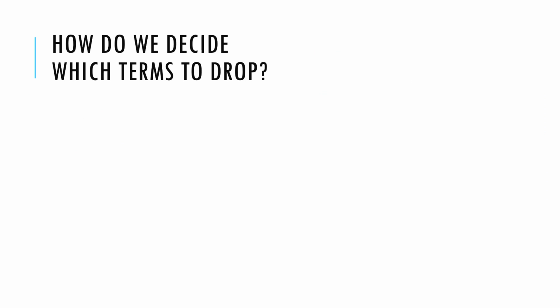I want to talk some more about deciding which terms to drop, because it's an eternal question and it makes a huge difference in the complexity and later solving of the model.